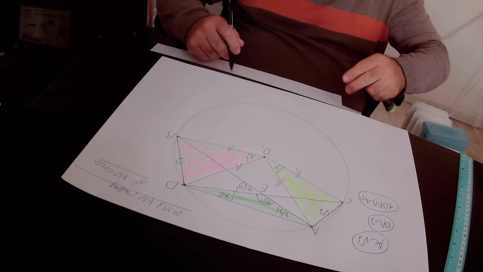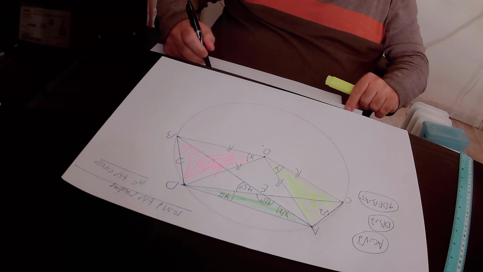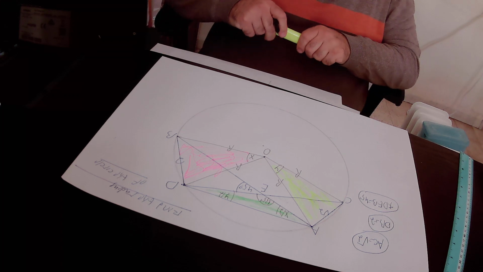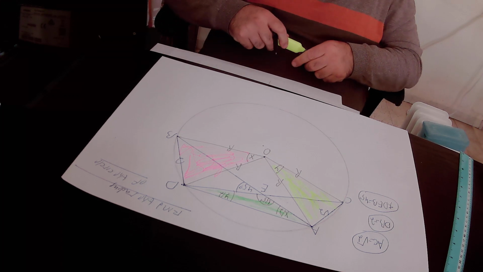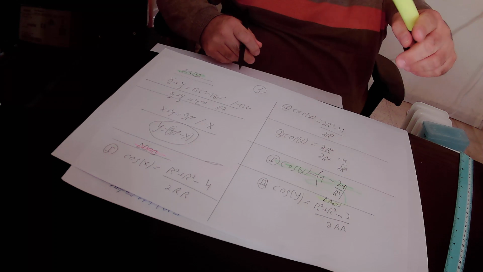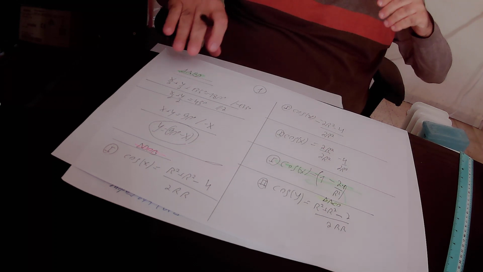Repeat again on the yellow triangle ACO. According to the law of cosines, we get equation number 2 that states that cosine y equals r squared plus r squared minus 2 over 2 times r times r.